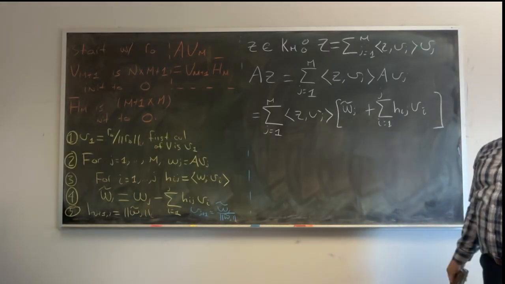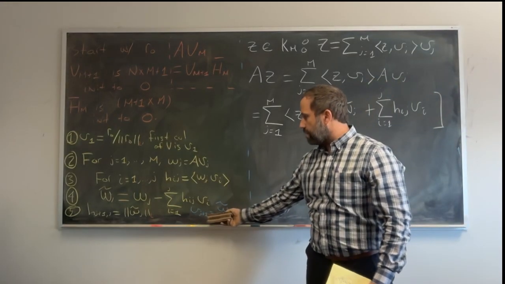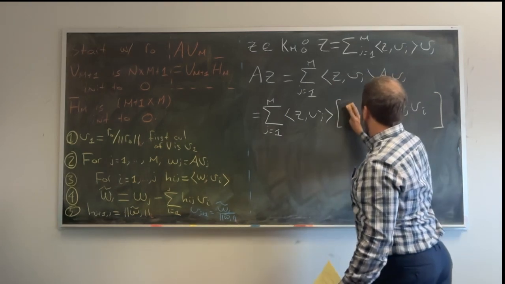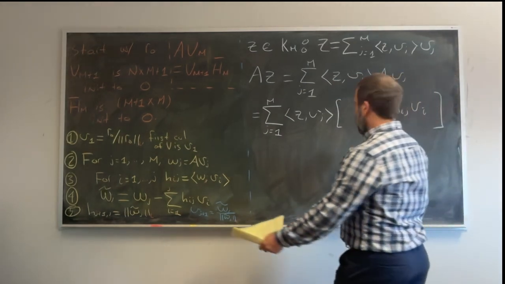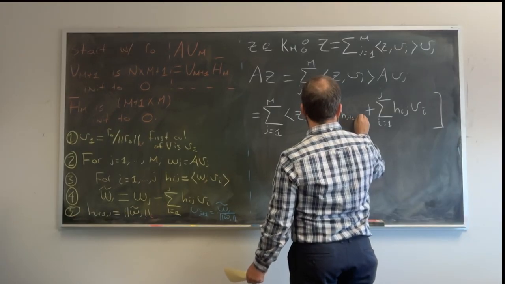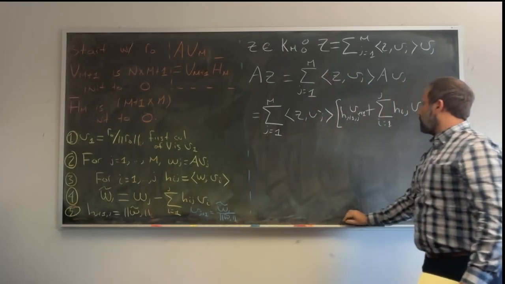Now, what is Wj tilde? Wj tilde is simply Vj plus 1 times the corresponding H. So Wj tilde is H j plus 1 j times Vj plus 1.